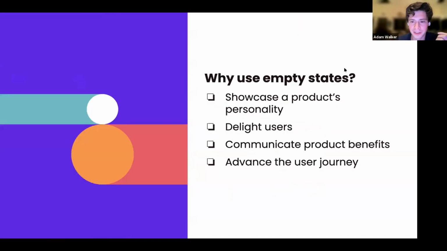So I wanted to share a couple different examples of empty states in the pipeline. Obviously empty states have a wide variety of use cases, from showing the personality of the product, like Push Owl has on the loading screen. Loading screens are effectively an empty state as well, right? When you sign up for Push Owl, there's a little owl and it's got those thug life glasses.